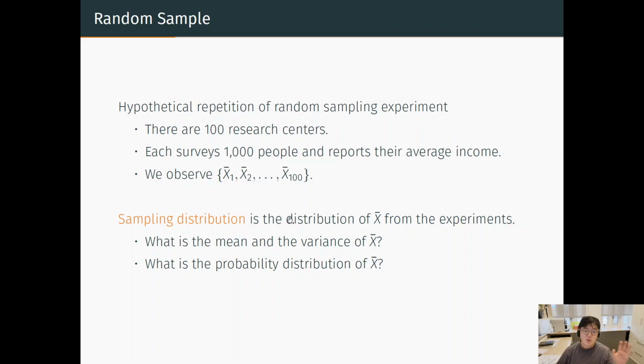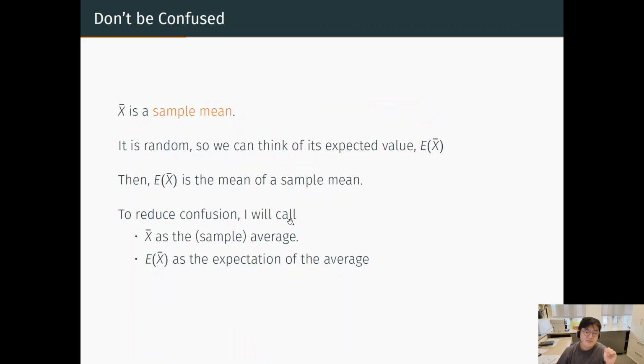But when I explain this, it sounds pretty obvious, but it's confusing because of its name. In chapter 3, X bar is a mean. We learned the mean. X bar is a sample mean that is calculated from the data. You observe 1,000 incomes and you calculate their average.